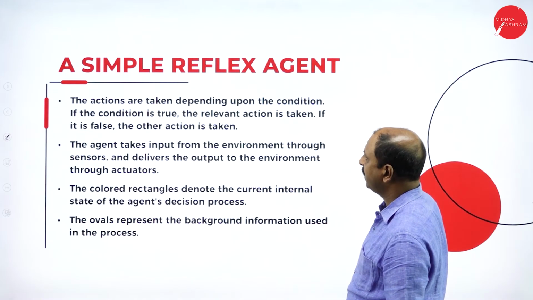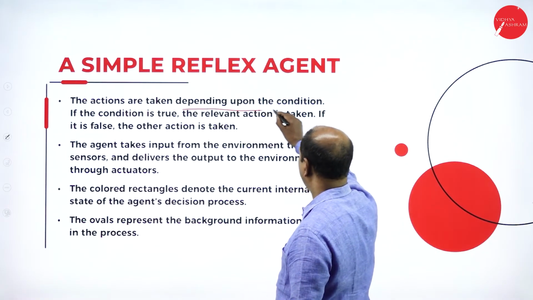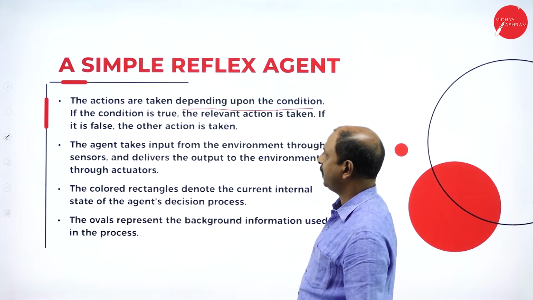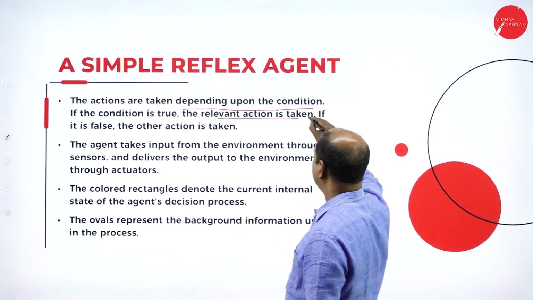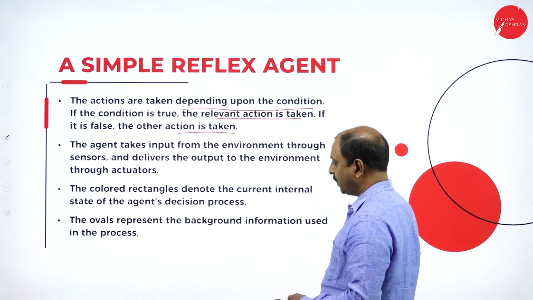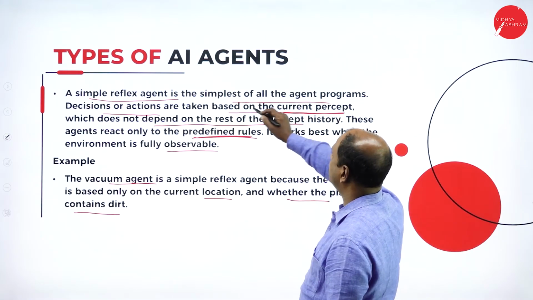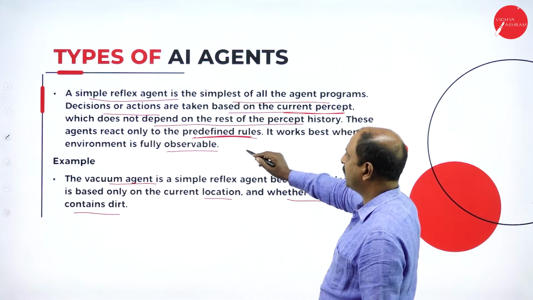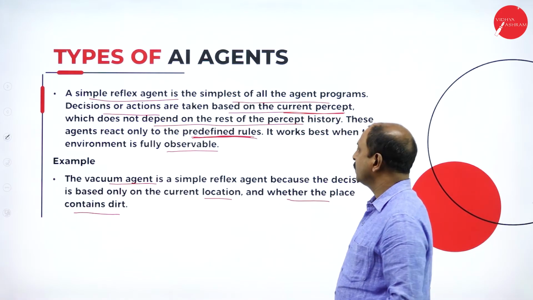In the next slide, the actions are taken depending upon the condition. If the condition is true, the relevant action is taken. If false, another action is taken. Because as we have seen in the definition, the simple reflex agent works on the predefined rules which exist.